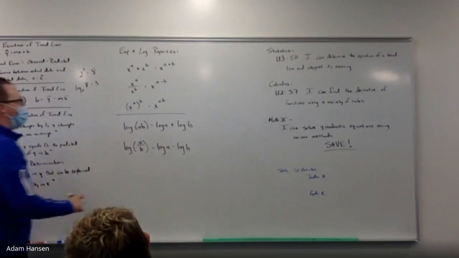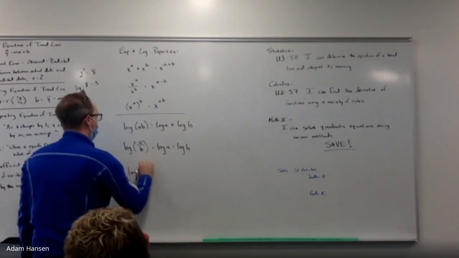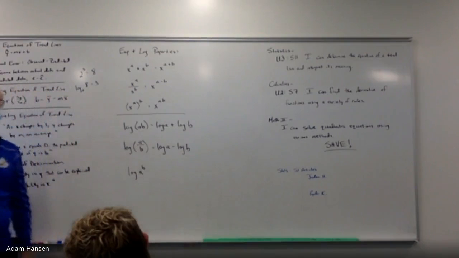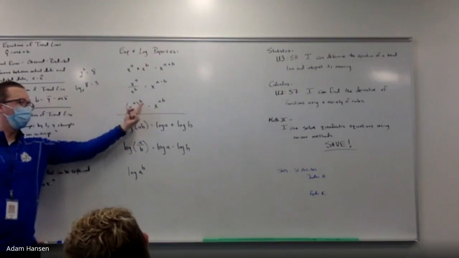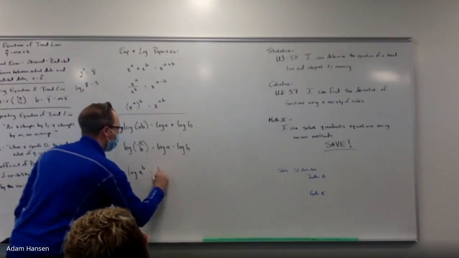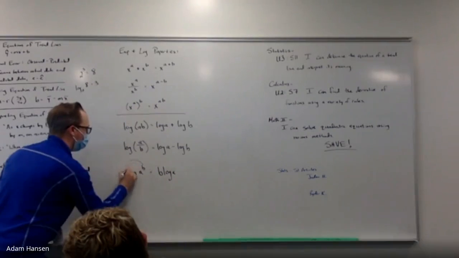How about power of logs? Log of a to the b. This is similar to the power to a power relationship. I can take this b and multiply it times that initial log, taking that b and multiplying it as a constant out front.